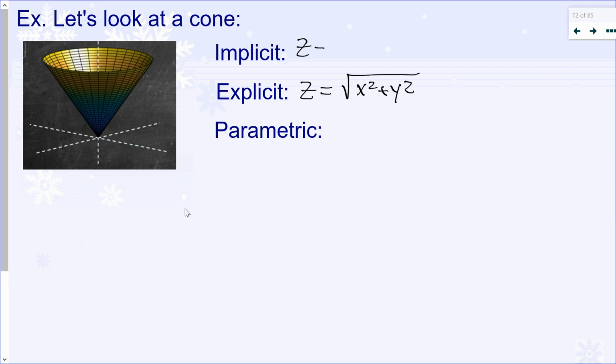If we wanted to write this implicitly, we would just put all our variables on one side, and then our constant, which in this case is 0, on the other side. Now to write it parametrically, we could go two ways. We could keep it with Cartesian, so that would look like this.